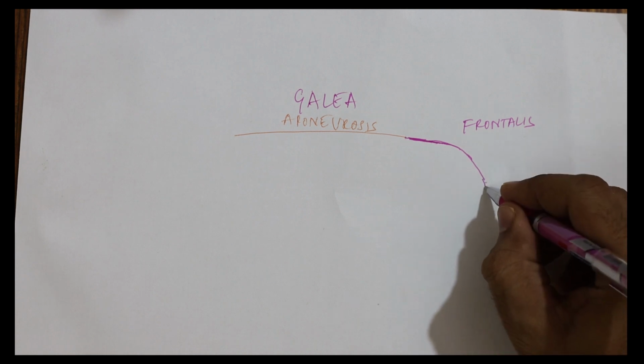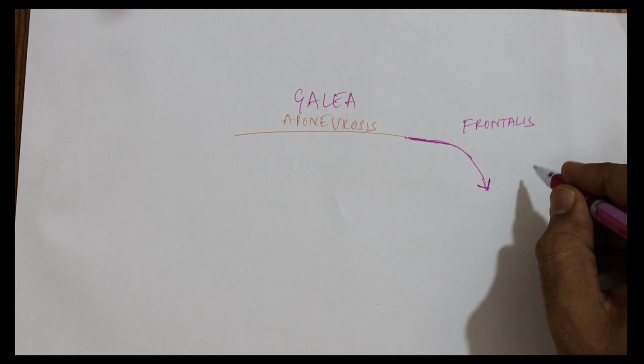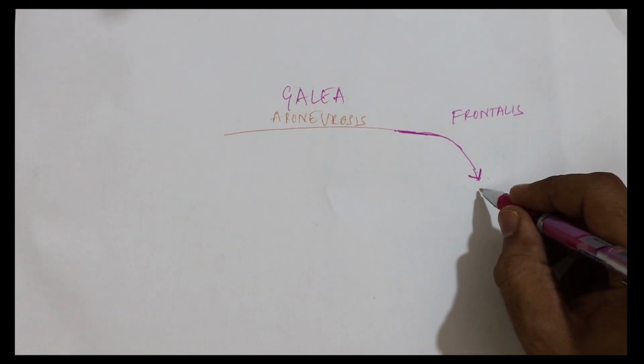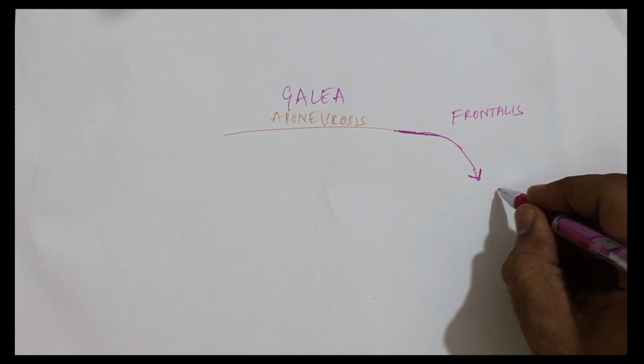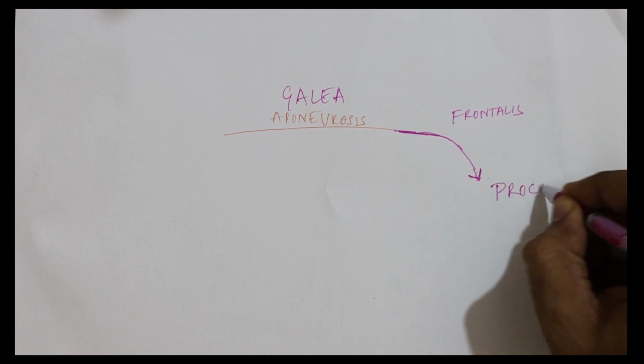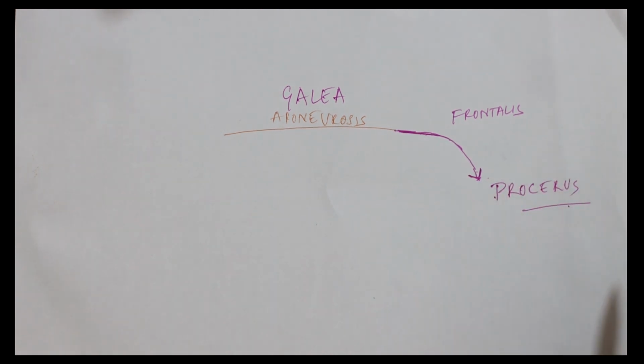In the anterior part, the speciality of the frontalis muscle is that it is not attached to any bone. Rather, it continues with the muscle over the nasal region, which is called the procerus muscle. So there is no bony attachment in the frontal end.